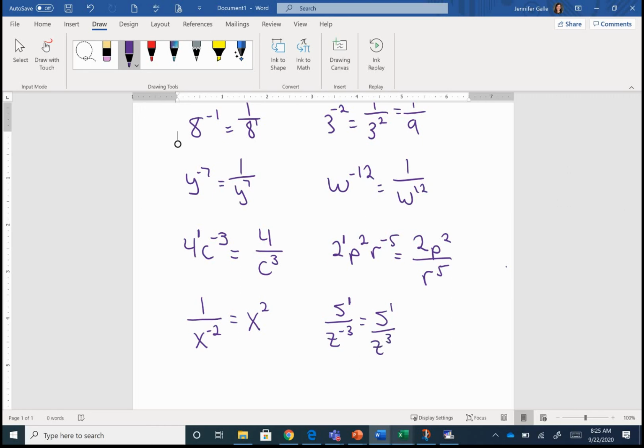For my exponent to change its sign, for it to go from negative to positive, where does it need to go? It needs to move. It needs to go up. So if you have a negative exponent in the bottom, it's got to go up to become positive. You just have to flip where it's at in the fraction.